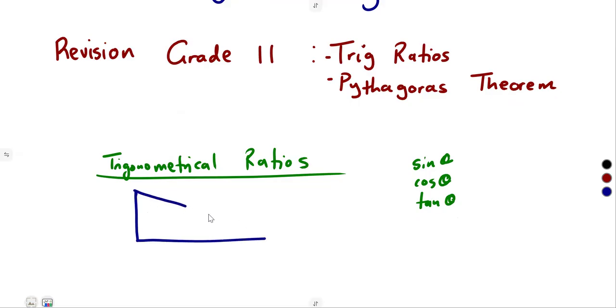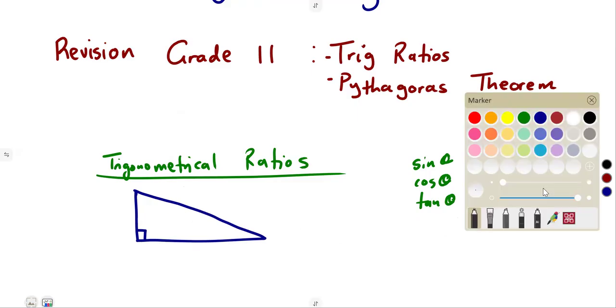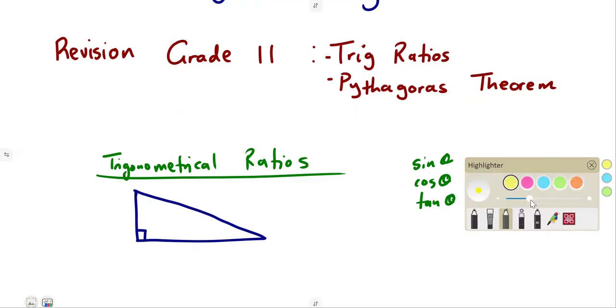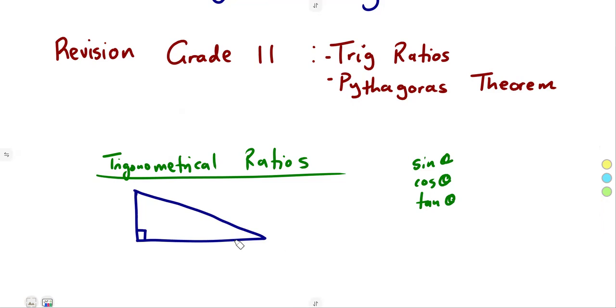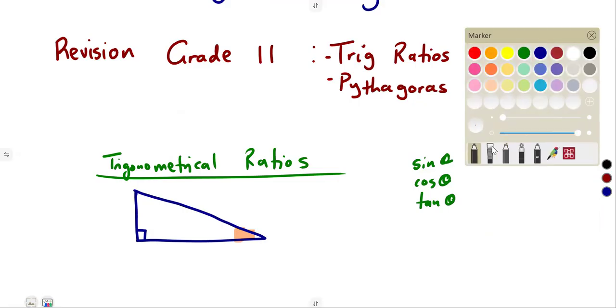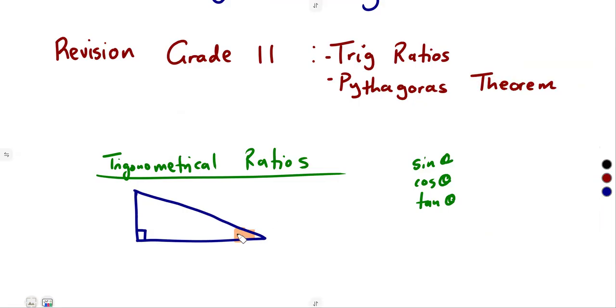In a right angled triangle, one of the angles being 90 degrees, the remaining 2 angles must add up to 90 degrees. Of these angles, we are simply going to name one of our angles as theta, which is the angle that we are going to be working with.